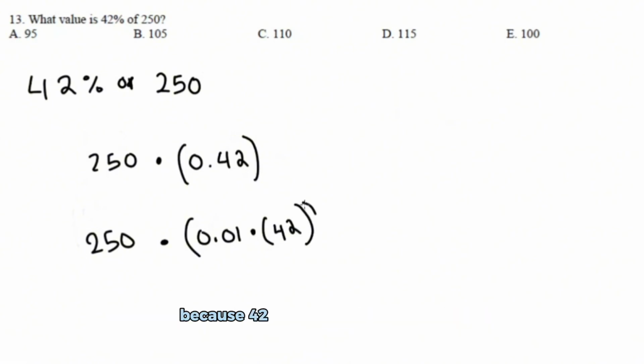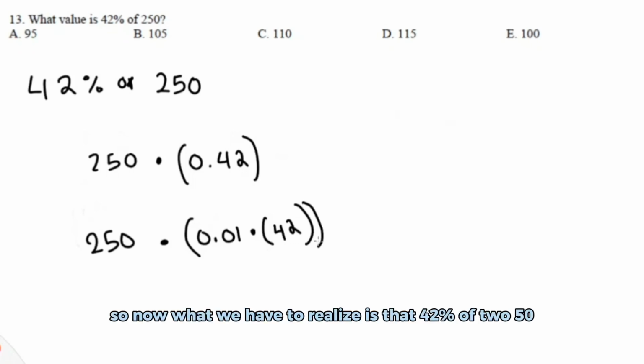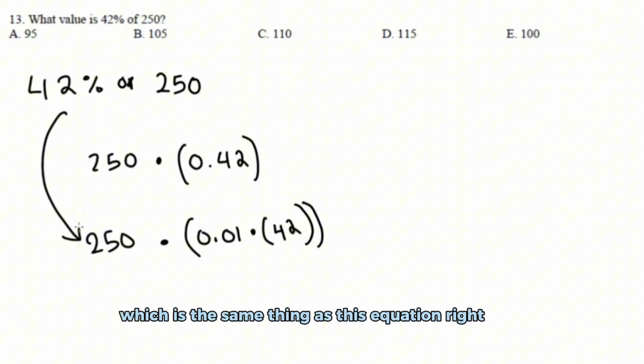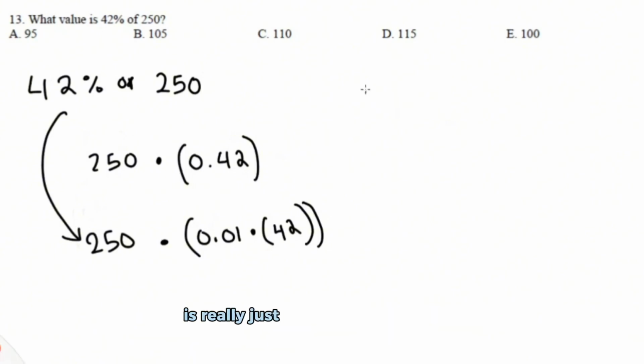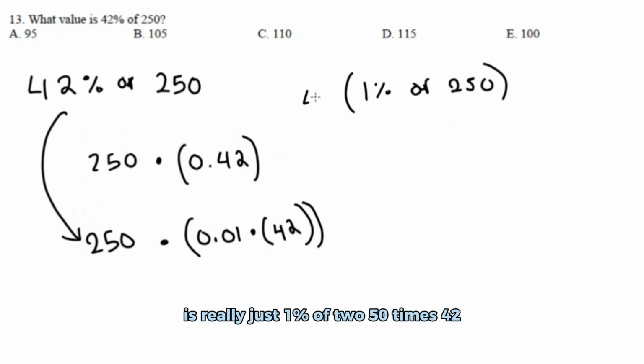Because 42 times 0.01 would just be 0.42, all right? So now what we have to realize is that 42% of 250, which is the same thing as this equation right here, is really just 1% of 250 times 42.